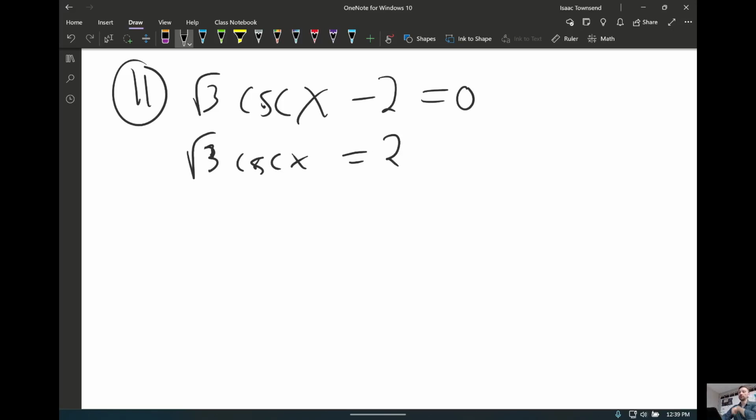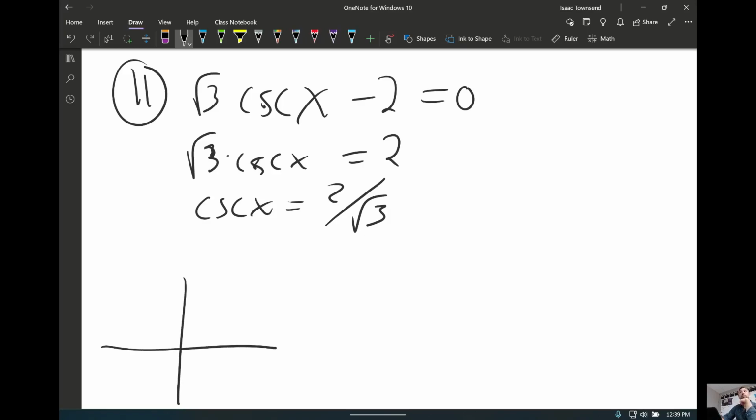I could undo a multiply by the square root of 3 by dividing by the square root of 3. And I know I'm going to have to go to the unit circle, but I don't memorize cosecant values, so let me take the reciprocal of both sides. And it would be where sine is square root of 3 over 2.